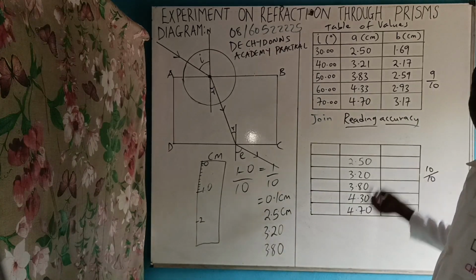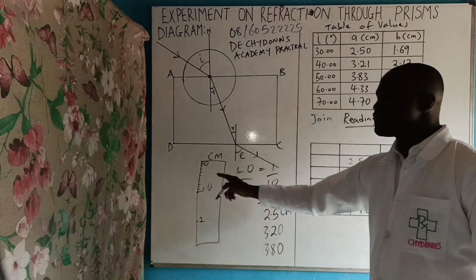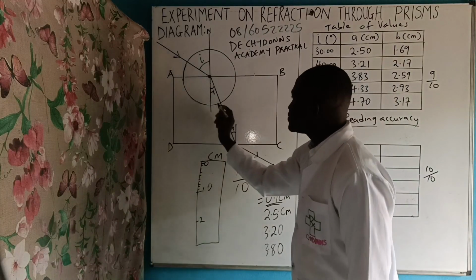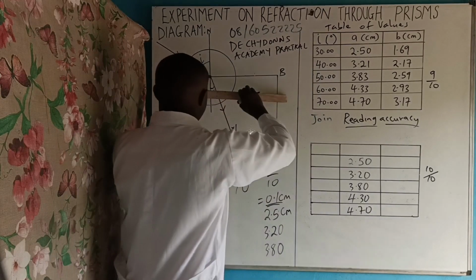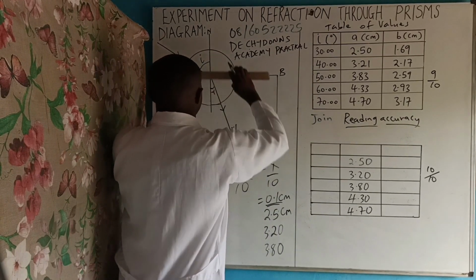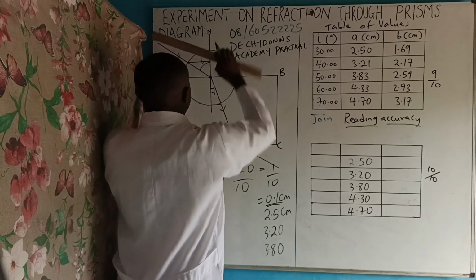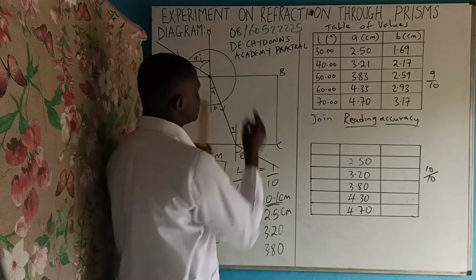Obeying 0.1 reading accuracy. I mean the least measurement you can get from that meter rule, because we use the meter rule to measure this. That is the distance from here to here, and the distance from here to here. So we use the meter rule to measure this distance and this distance.